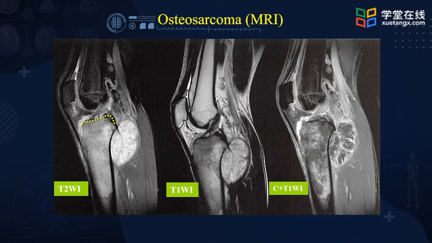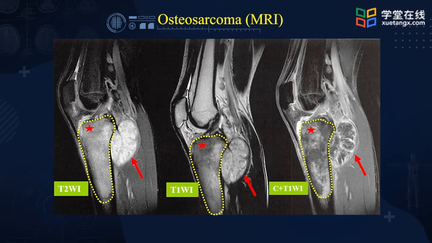Sagittal fat-suppressed imaging on your left shows an irregular hyperintense lesion in the proximal tibia, marked by yellow dotted line, as well as an associated soft tissue mass, red arrow. The intramedullary lesion crosses the growth plate into the epiphysis, red star.